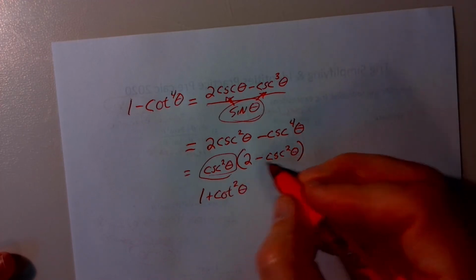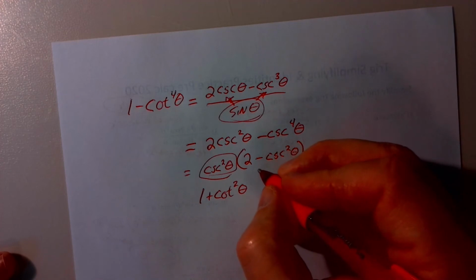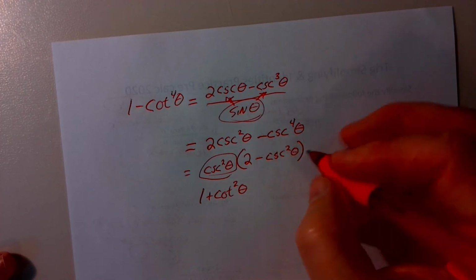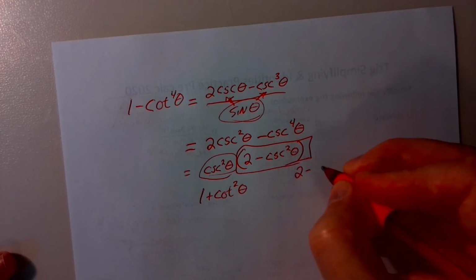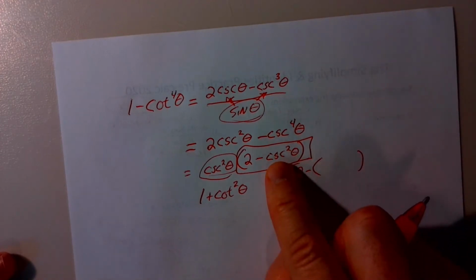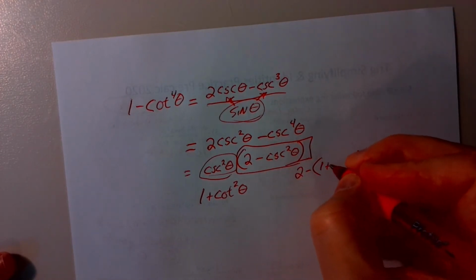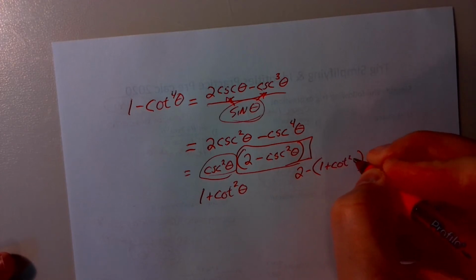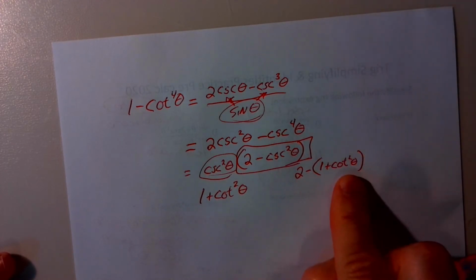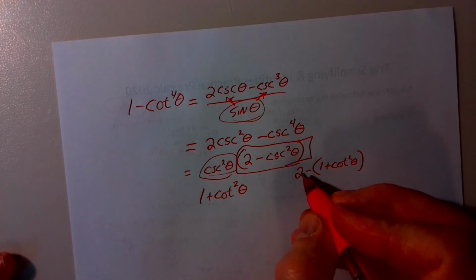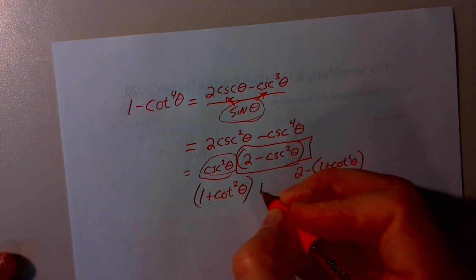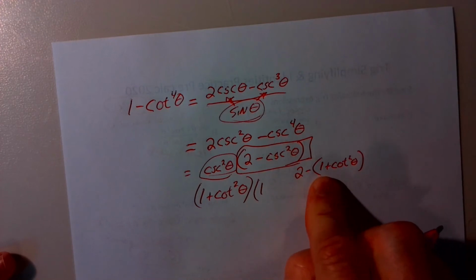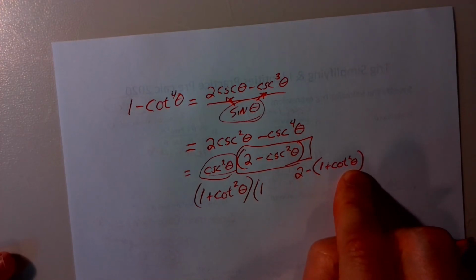Over here, let's try this. I'm going to rewrite this as 2 minus, and then cosecant squared theta is 1 plus cotangent squared theta. So distribute the negative in, and 2 minus 1 is 1, and then minus cotangent squared theta.